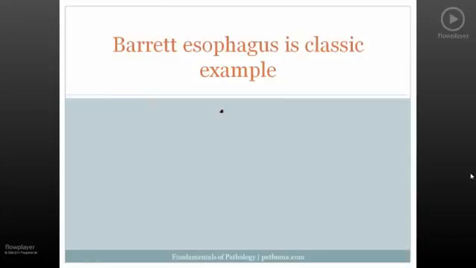Now, the esophagus is lined by squamous epithelium, and recall that there is a very sharp demarcation between the esophagus and the underlying stomach. And the stomach, instead of being lined by squamous epithelium, is lined by columnar epithelium. So again, esophagus is lined by squamous epithelium, and the stomach is lined by columnar epithelium.